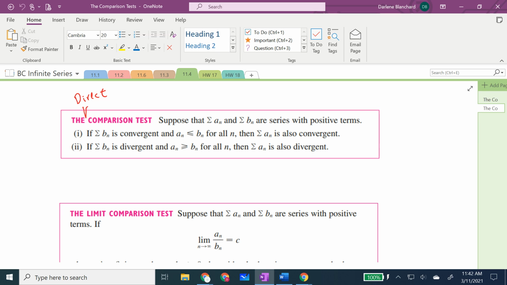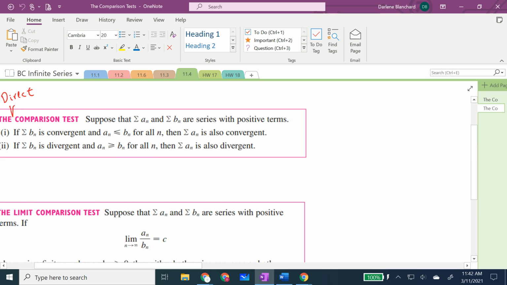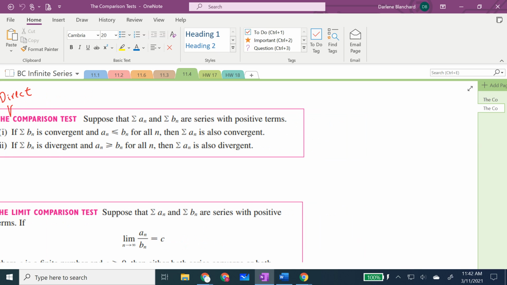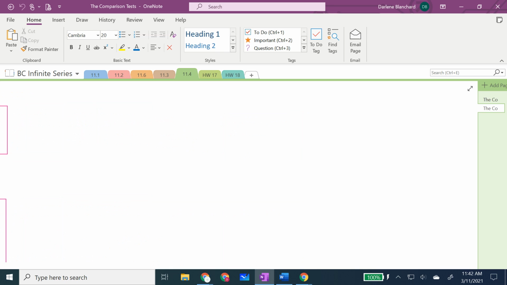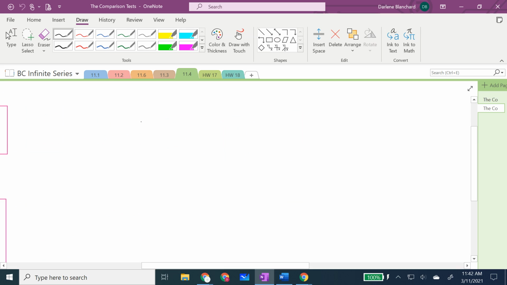So, here's how they work. If you're using the direct comparison test, it's an issue of an inequality. So what I'm going to do is draw that this is n, and on the y-axis, we are going to have the individual terms of the series.